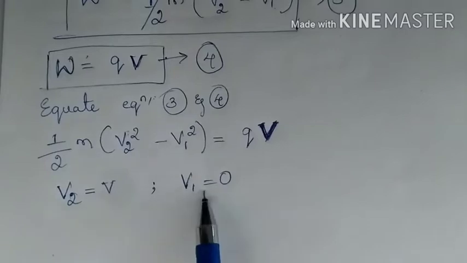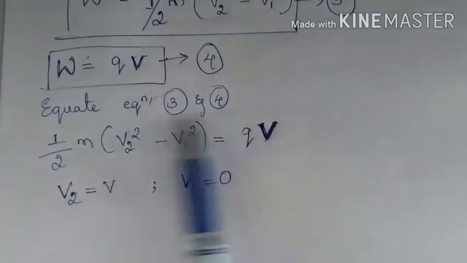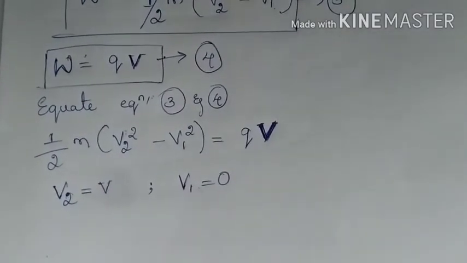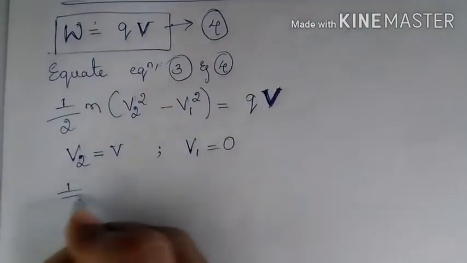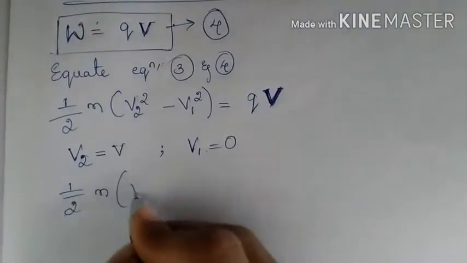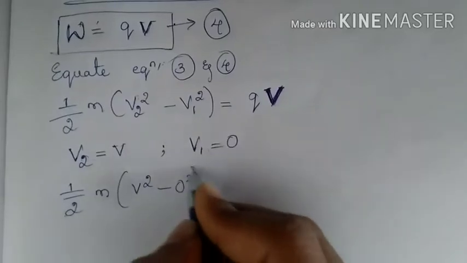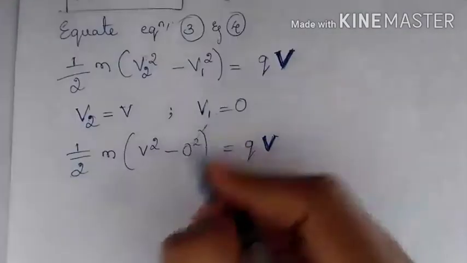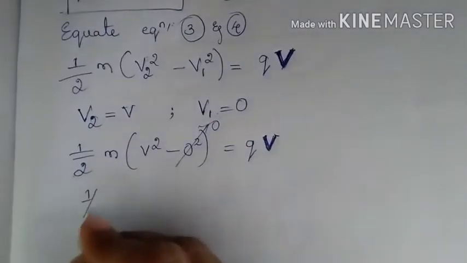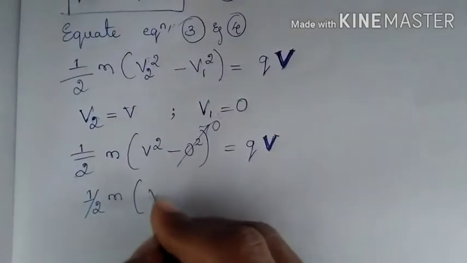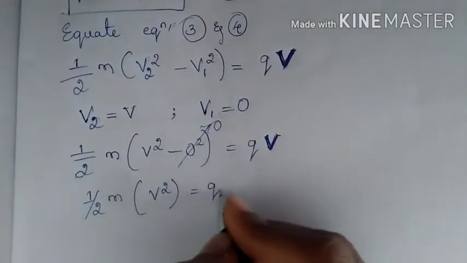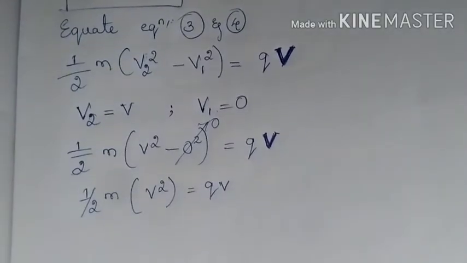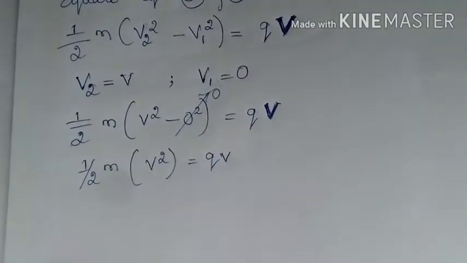Now let us substitute these two in the above equation. What we will get? Half m (v square minus 0 square) is equal to q into V. So this goes off. What remains is half m v square is equal to qV. Now I need the velocity of the particle.